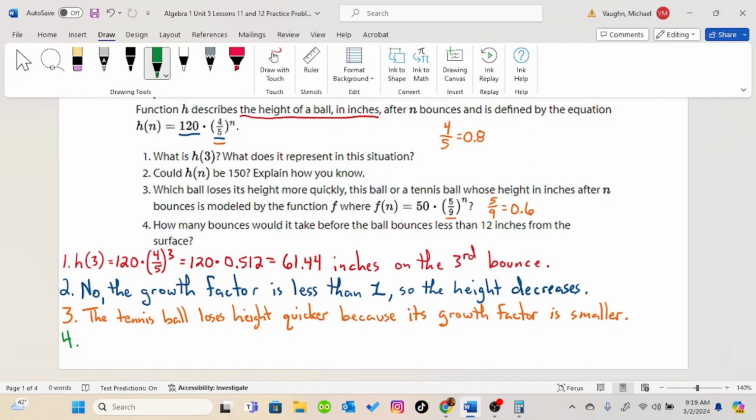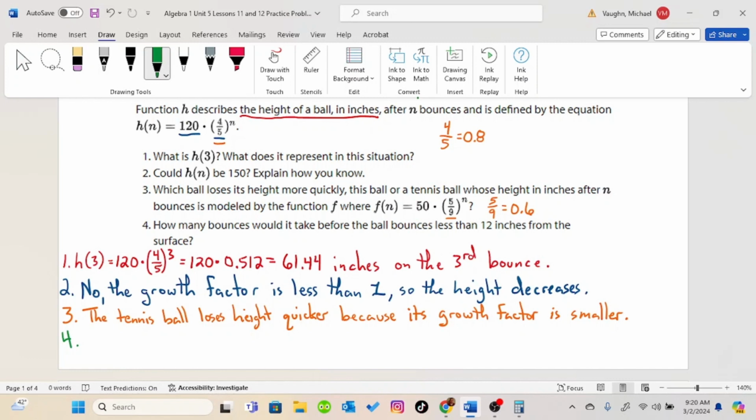And number 4, how many bounces would it take before the ball bounces less than 12 inches from the surface? So every time we are going to multiply by 4 over 5 or 0.8. We have already figured out that the third bounce would result in 61.44 inches.